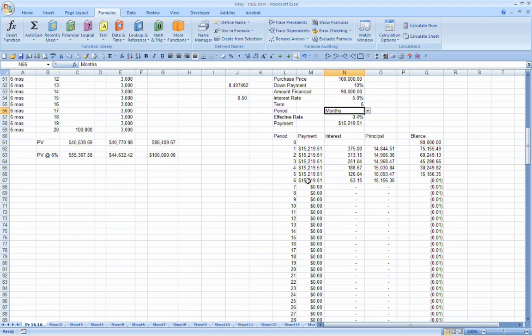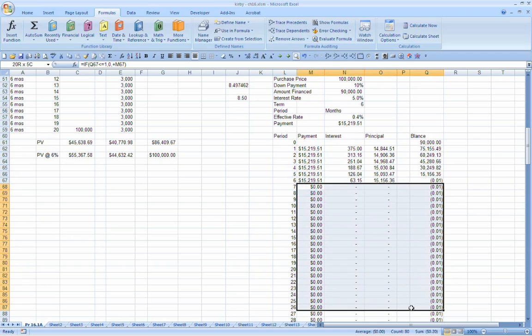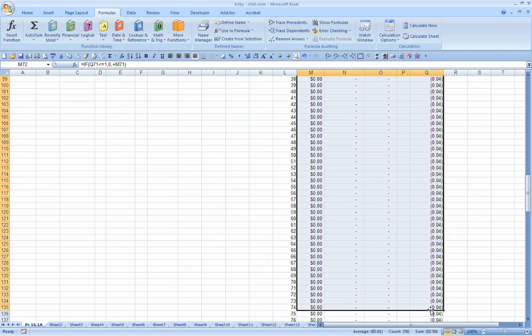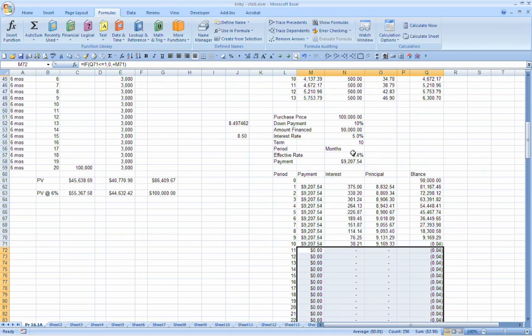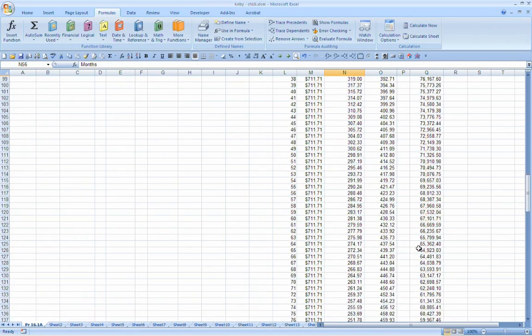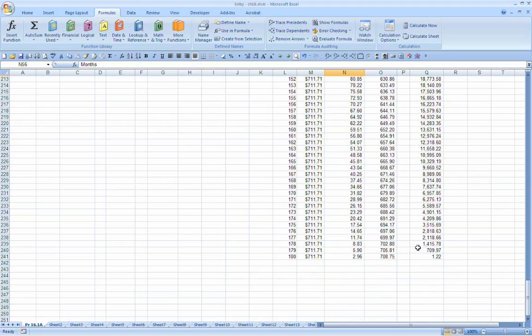So for example, in this one, I would want all of this to disappear. Okay? Or if I put in 180, notice it'll amortize this loan throughout the whole 180 months. And oh look, by that point we have accumulated a little bit more than $1 worth of rounding.